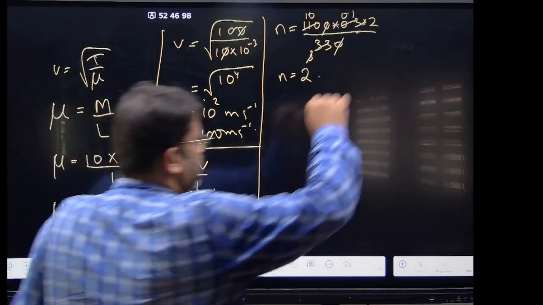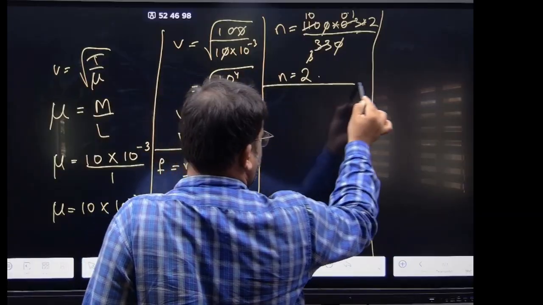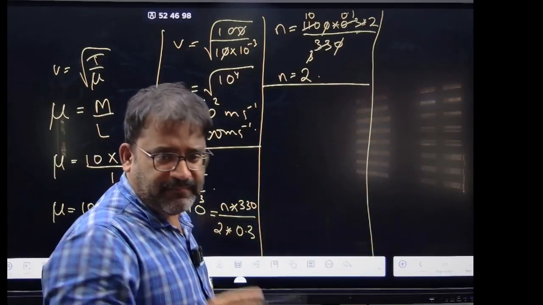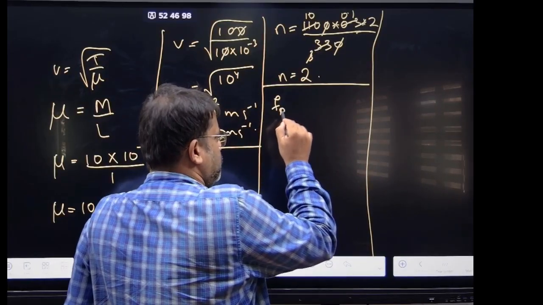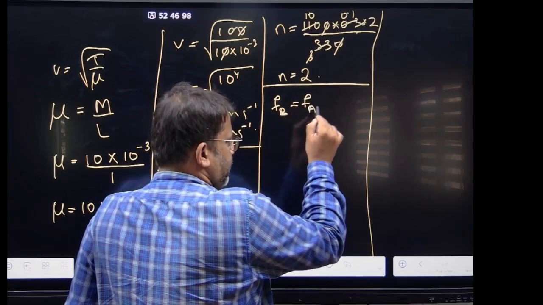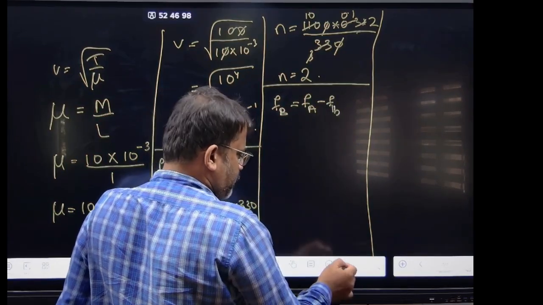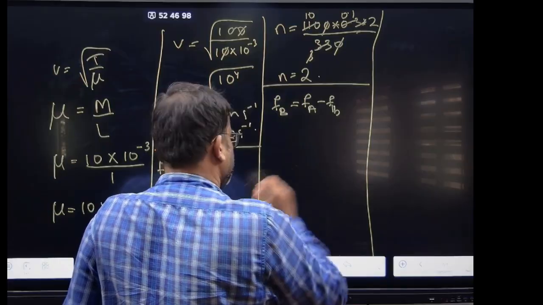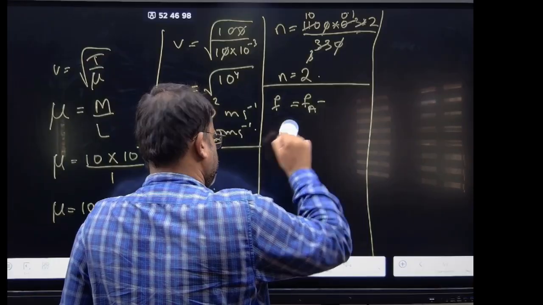Now we can say when the beat frequency increases after filing tuning fork A, it means that the beat frequency is equal to FA minus FB, that is tuning fork A minus tuning fork B in terms of their frequency.